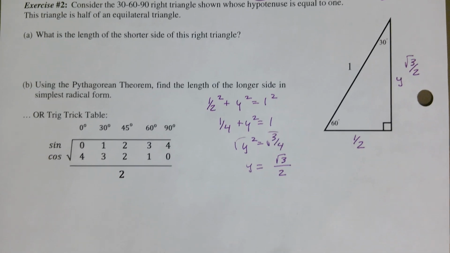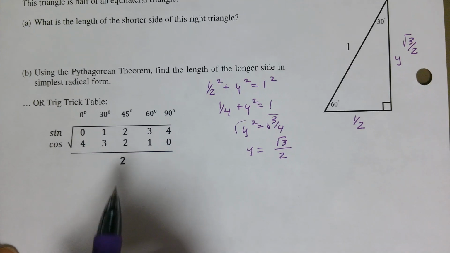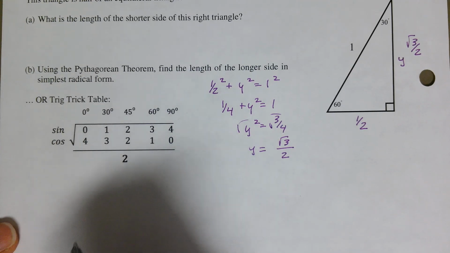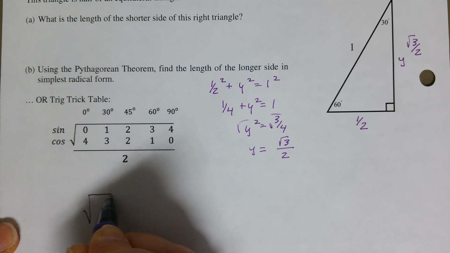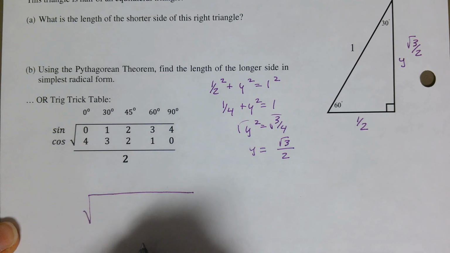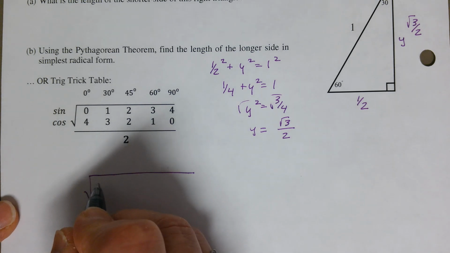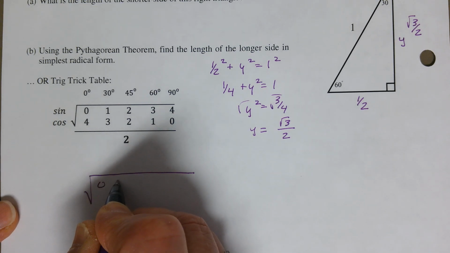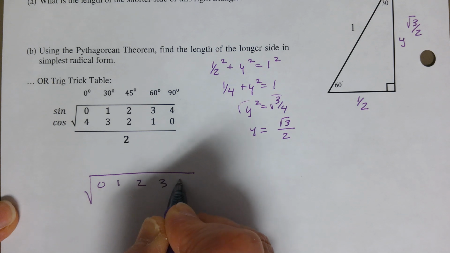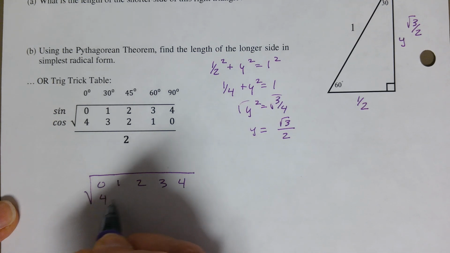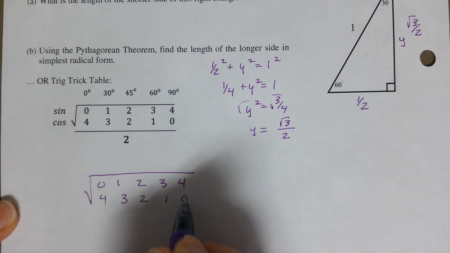We have this trig table, all right, which goes like this. You want to draw a square root, and underneath the square root you want two lines, 0, 1, 2, 3, 4, and then 4, 3, 2, 1, 0.